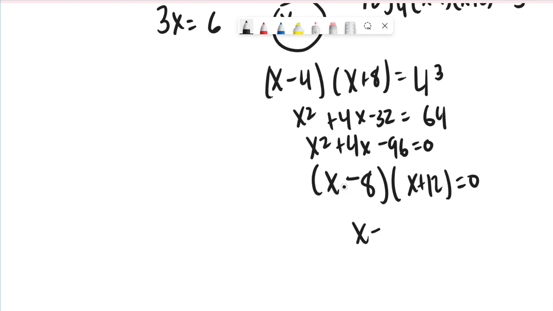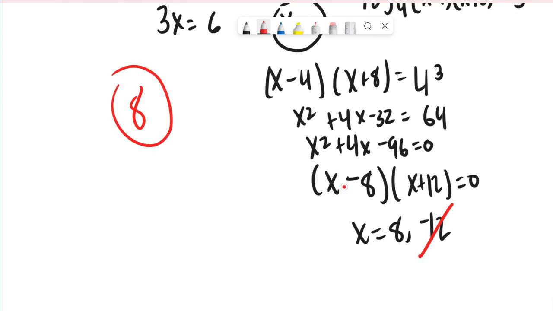But when you solve this, you get 8 and negative 12. However, the one that doesn't work if you check your answer is minus 12 because it's extraneous. So the solution actually is just 8. And you can verify that.